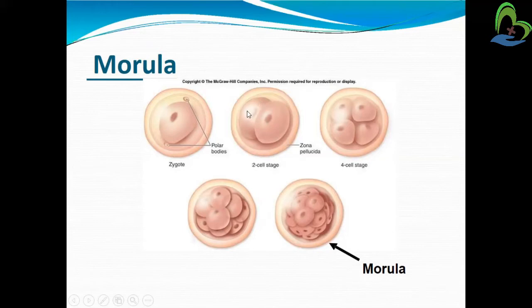From two cells, mitotic divisions take place: from 2 to 4 cells, 4 to 8 cells, and from 8 to 16 cells in the uterine cavity. This 16-cell stage is known as a morula. By this figure you can see the development of the morula.